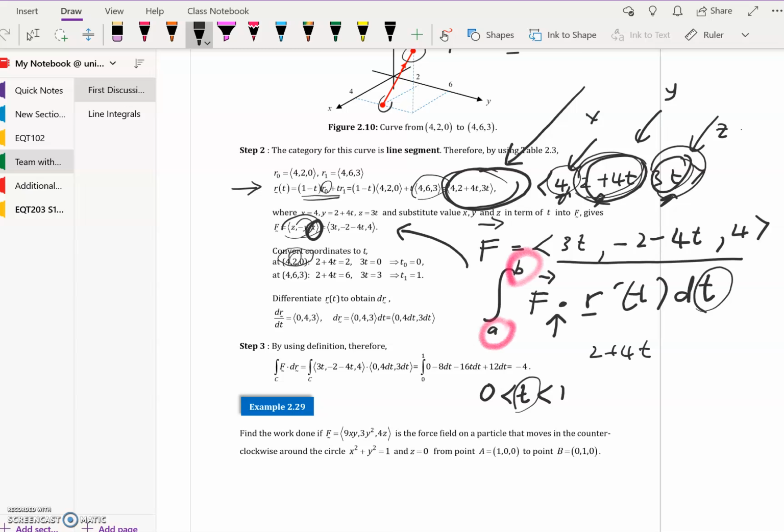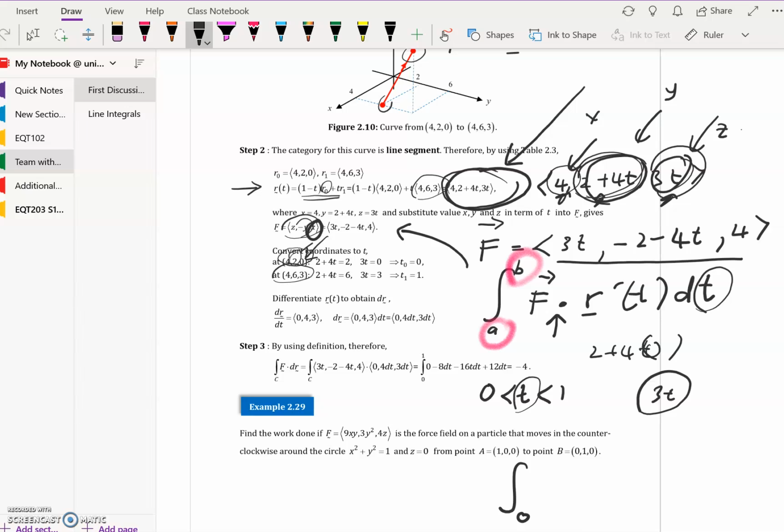Probably t equals 0. When t equals 0, you have 2. This is correct. And then the next is 3t. What is the possible value of t such that you have 0? The answer is 0. So the point starts from 0. Go to the destination point (4,6,3). What is the possible value of t such that 4 equals 4?